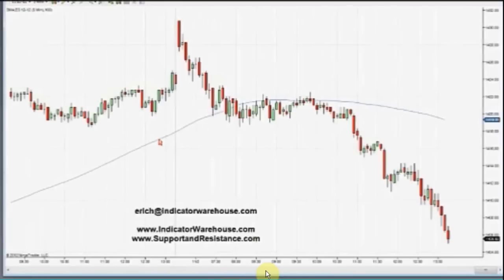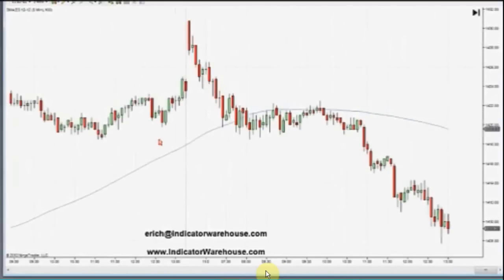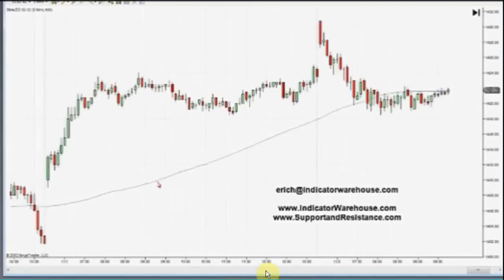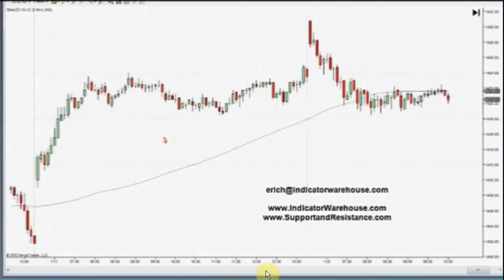You just need something. You can use trend lines, you can use a simple moving average line, you can use an exponential. It really doesn't matter. Just use something that's going to be a dividing line for you. And when you have this dividing line, this is how I do it: if it is above the line, I only look to buy.